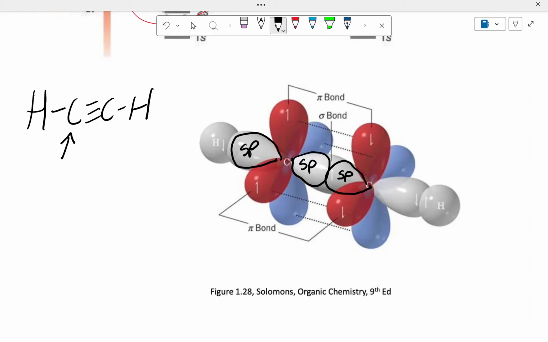Now, what are the orbitals we haven't accounted for yet? We have two unhybridized p orbitals on that first carbon. We have one here that is perpendicular to the hybrids. And then we have a second one here. That didn't show too well.